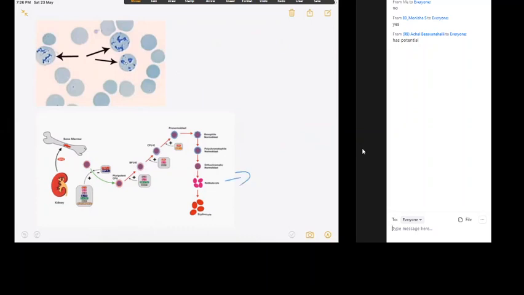Now two things you need to remember from this. From reticulocyte to RBC, how many days does it take? Yes, correct, 3 days. What is the lifespan of an RBC? 120 days. Now, what is the speciality of your reticulocyte?